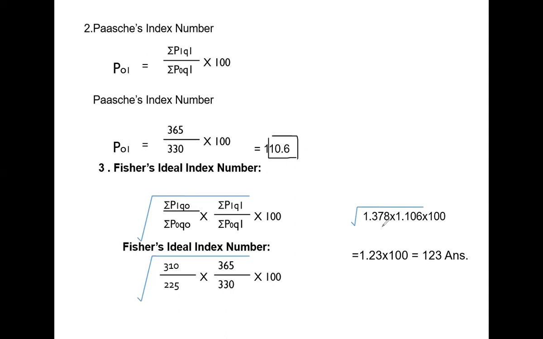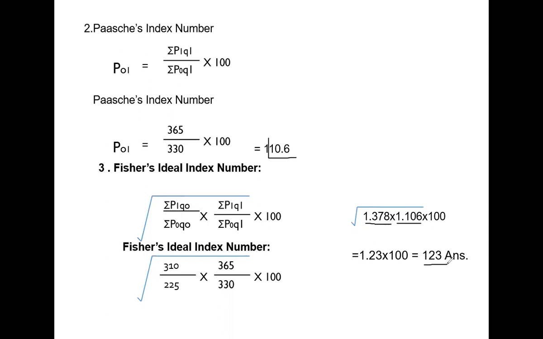Good. Now for Fisher's, how do we call it? The square root of last year's times the purchase index times 100. So you just find the square root and put those statistics in there, and that gives us 123.